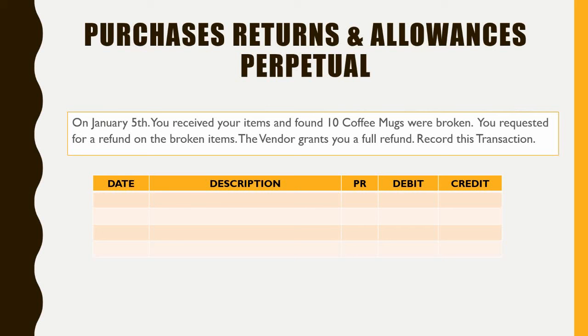So how are you going to record this transaction? I'll give you a big hint: you do not need to create any contra accounts for this. So in this case, I'm requesting a full refund.